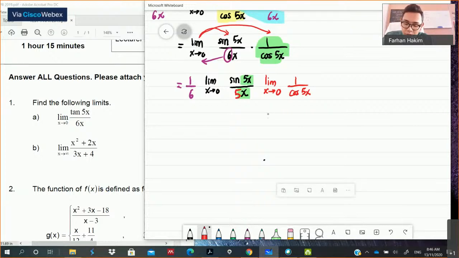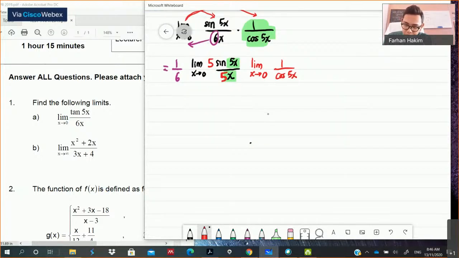If you put it at the denominator, you also have to put it at the numerator. So now I can bring this 5 outside, and this will become 5 over 6 times the limit as x approaching 0 of sine 5x over 5x.